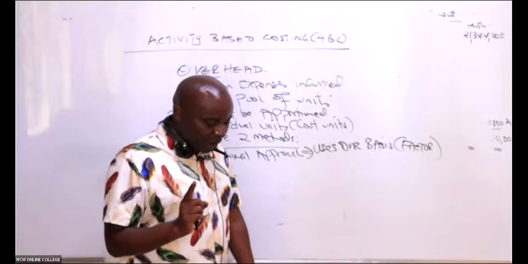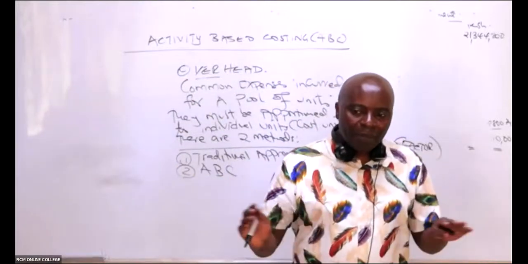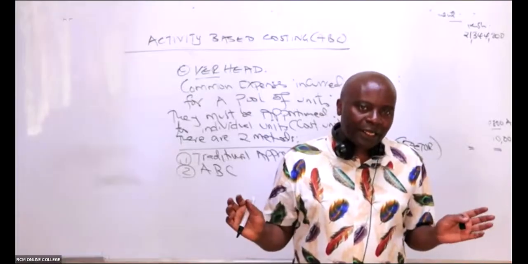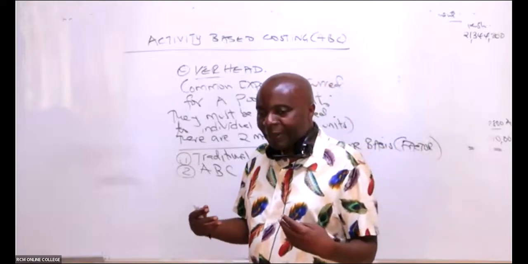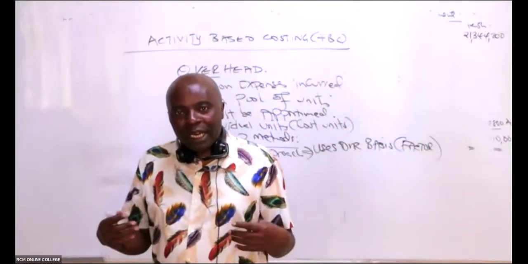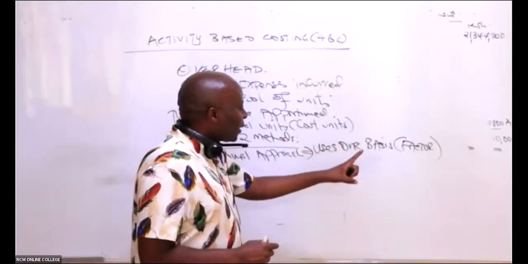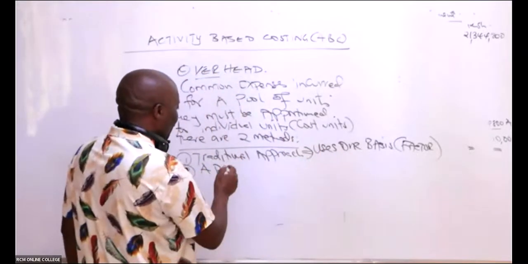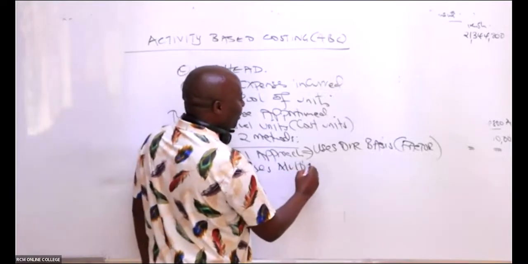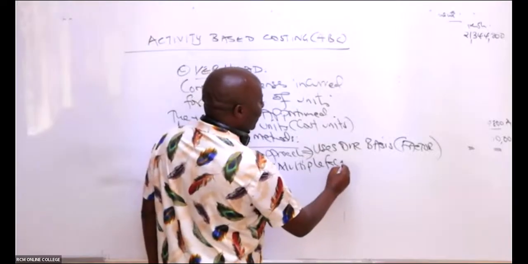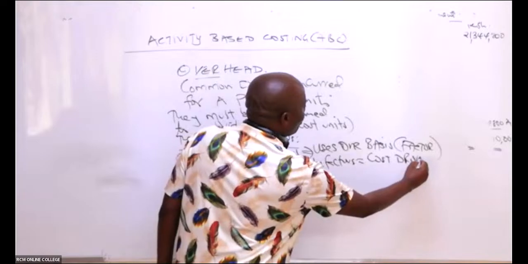So it assumes that the entire overhead item is being affected by labor hours, which is a lie. We could have some overhead items which don't even relate to labor hours at all. So this one uses one factor, whereas ABC uses multiple factors, what we call cost drivers.